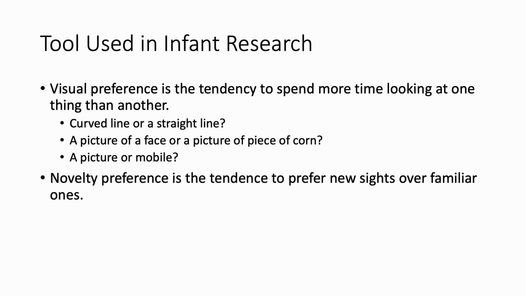The same is true with pictures of faces versus random objects, or two-dimensional objects versus three-dimensional objects. The same is true with new things they haven't seen over the ones they see all the time. They prefer the new, which is referred to as novelty preference.